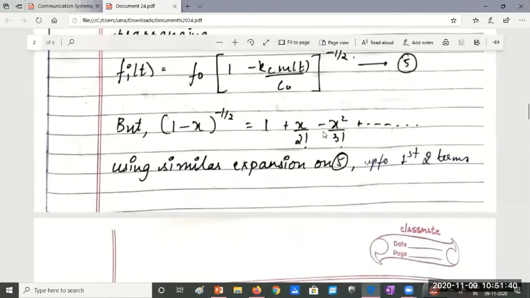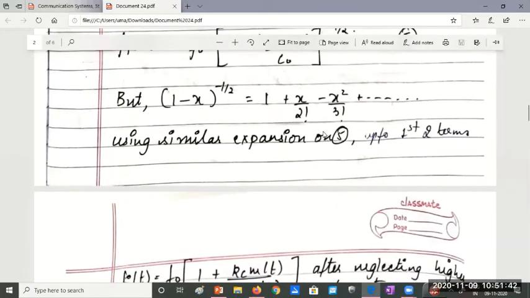So what should you do? Here, this Kc m of t by c naught is quite small. Okay. So if x value is small, I'll consider only first two terms in the equation because the third term will become square of x. If I have x as 0.1, x square will be 0.01.